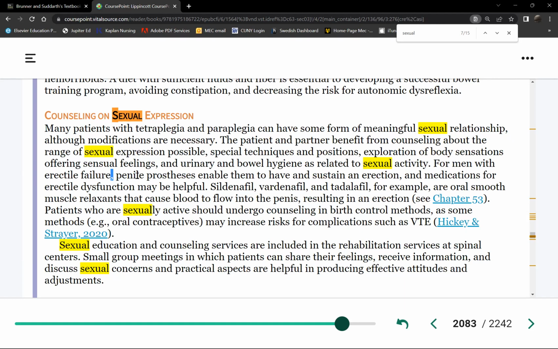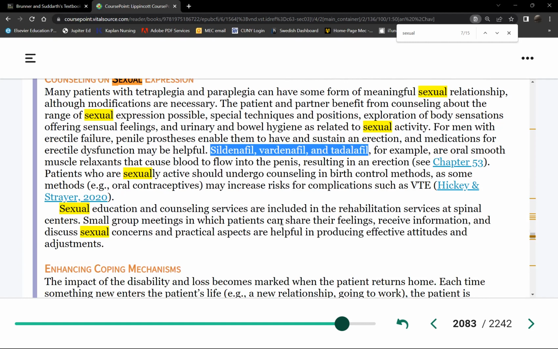Here there are examples, but here we have drugs. You're familiar with Viagra, right? They work as long as they're prescribed, of course. And there are other ways, like I said, of meeting their sexual needs.